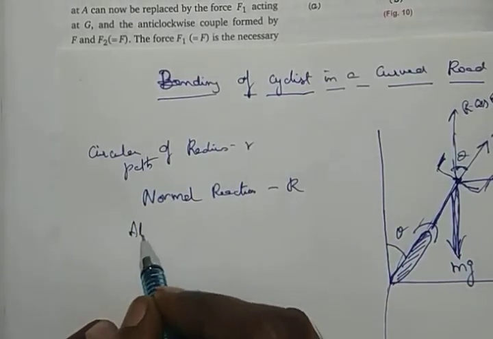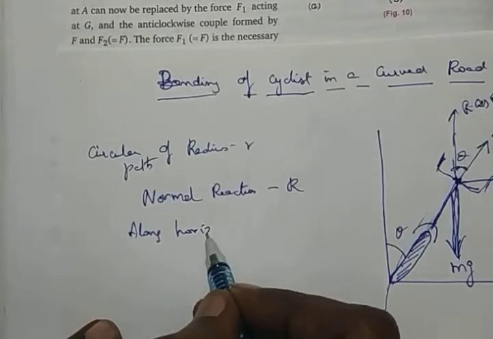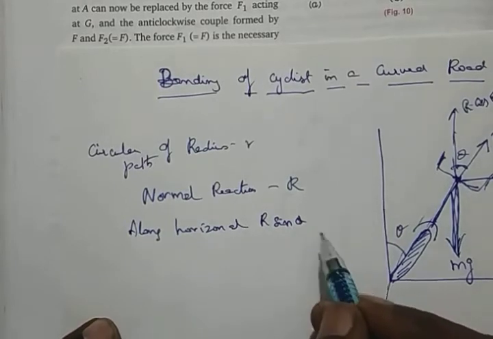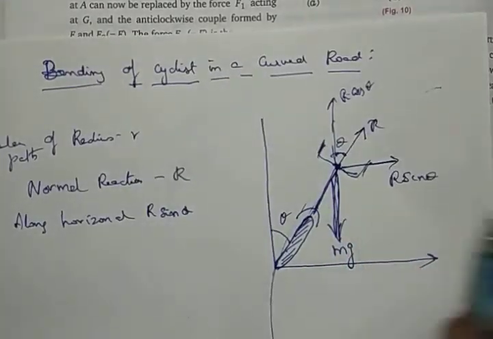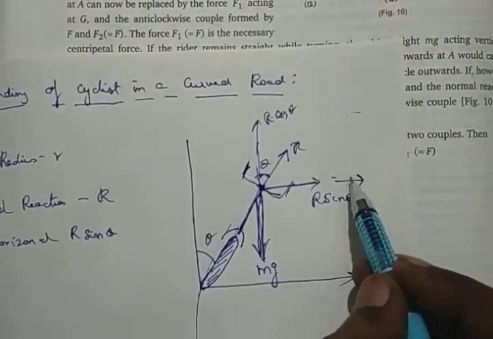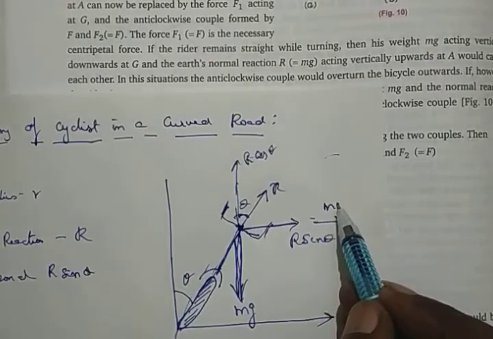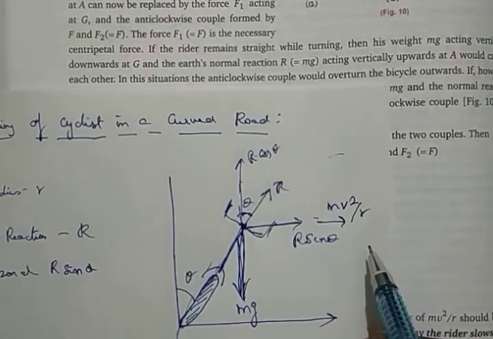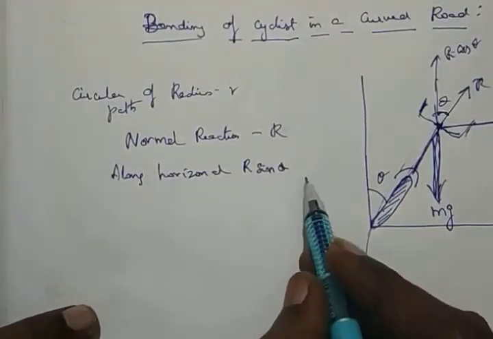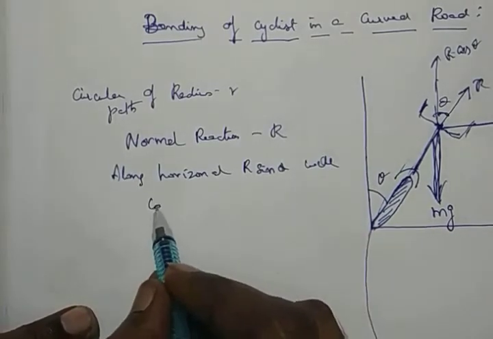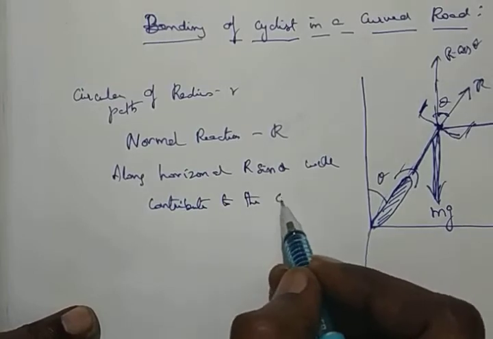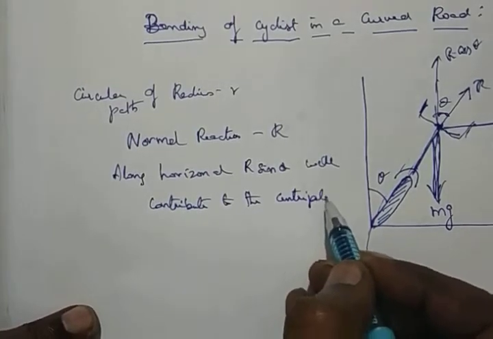Along the horizontal, R sin theta. Now what will R sin theta be contributing to? It will be contributing to the centripetal force, mv square by r. Along the horizontal, R sin theta will contribute to the centripetal force.